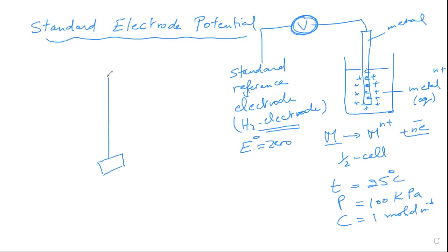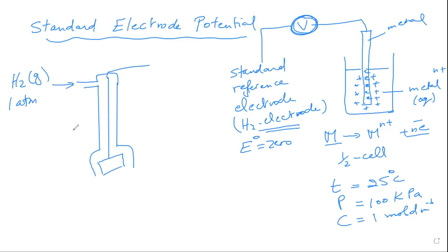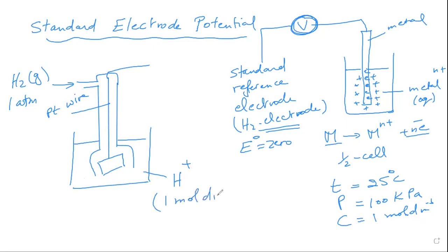We place this platinum wire in a bell jar like this, through which we pass hydrogen gas at 1 atmosphere or 100 kilopascal, and we place it in a solution of hydrogen ions whose concentration is 1 mole per decimeter cube.